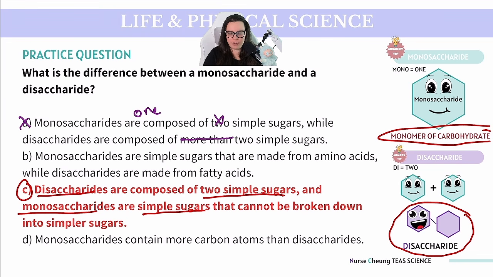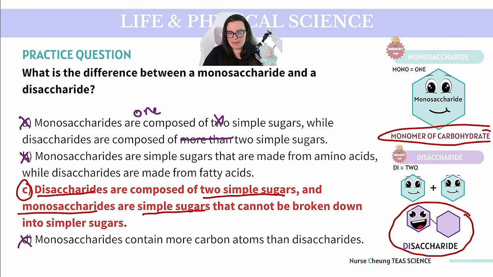Then we have monosaccharides are simple sugars that are made up of amino acids, while disaccharides are made up of fatty acids. This is also incorrect. Monosaccharides are carbohydrates, they're sugars. They're not made from amino acids. And disaccharides are made up of two monosaccharides, also not fatty acids, making B incorrect as well.